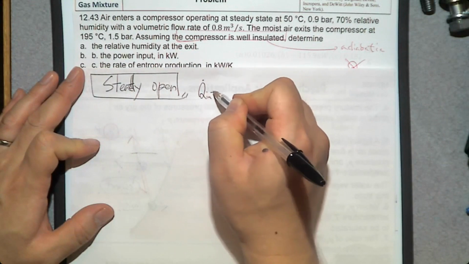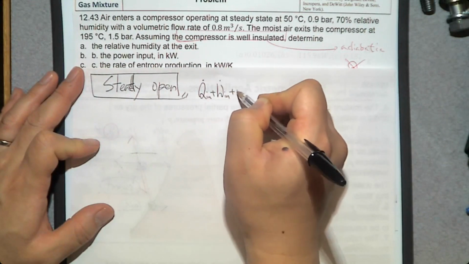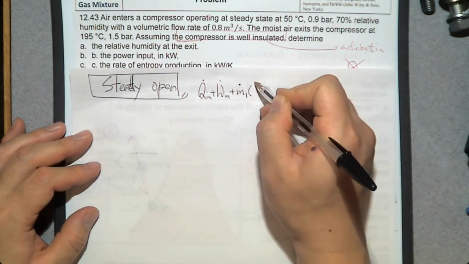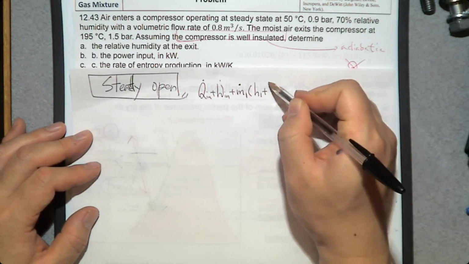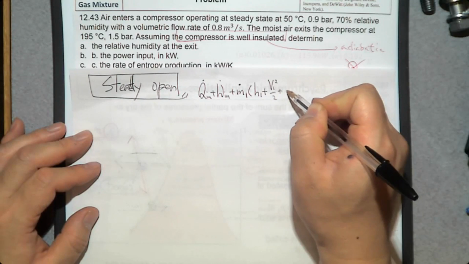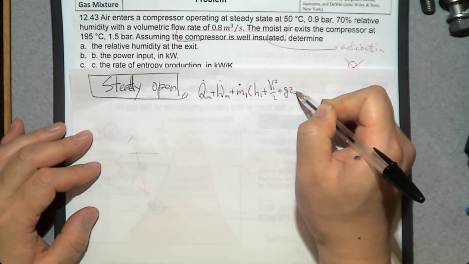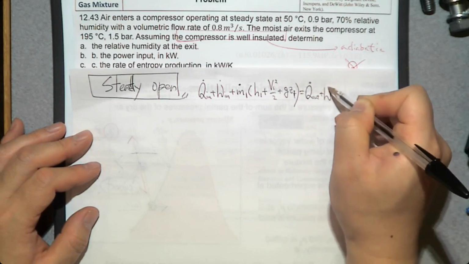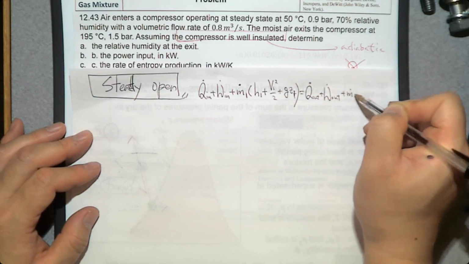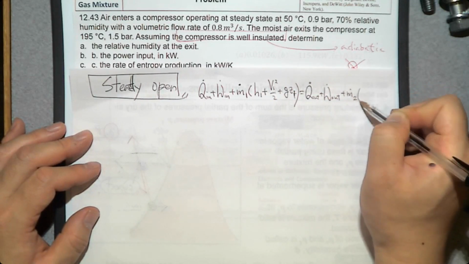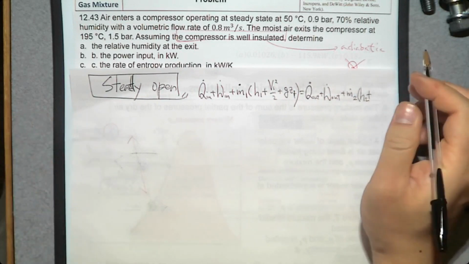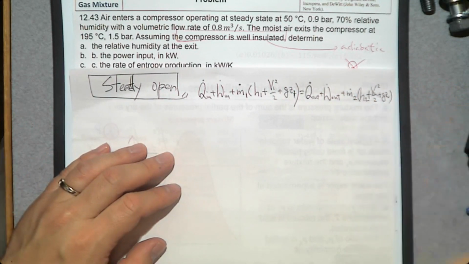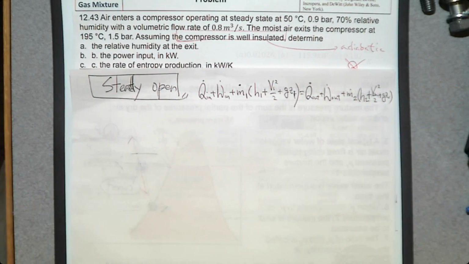Q dot in plus W dot in plus m dot at the inlet. Let's say inlet is number 1, and this one has enthalpy h1 plus kinetic energy V1 squared over 2 plus potential energy g times elevation z1, is going to be Q dot out plus W dot out plus m dot at the exit. Let's say exit is number 2. This one has enthalpy, kinetic energy, and potential energy. But we are not going to use this equation as is.